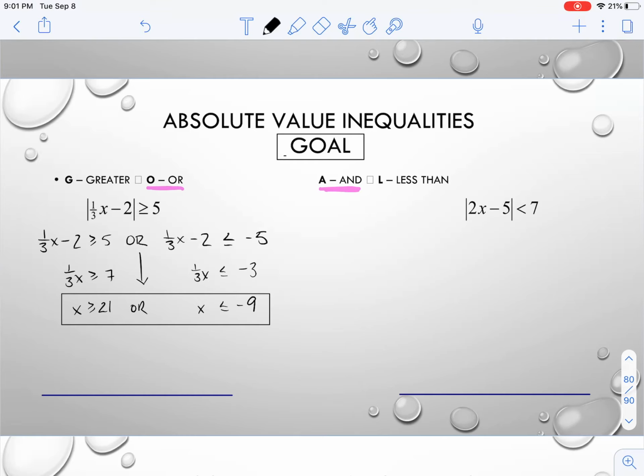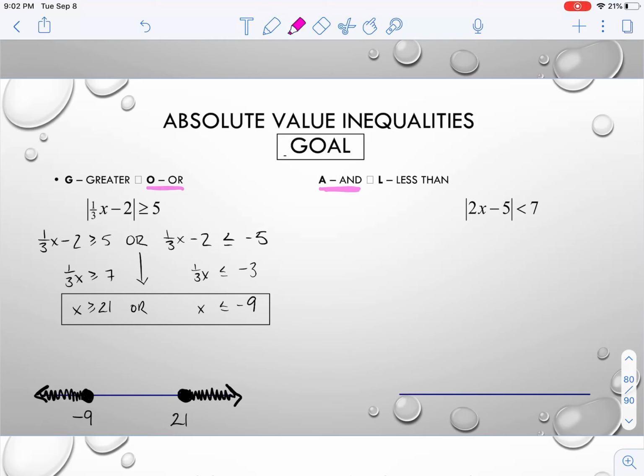Okay, so when I graph this, I have greater than or equal to, so both of my points are going to be filled in or closed circles. I'm going to have a point at -9 and a point at +21. I'm going to have all of the x values that are less than -9 and all of the x values that are greater than 21.